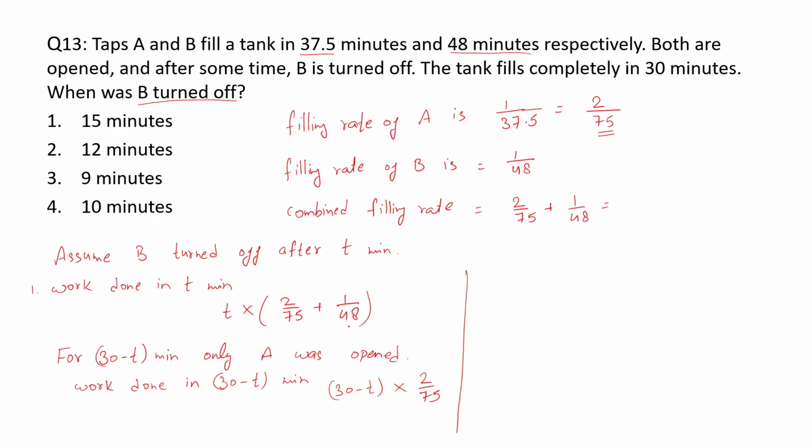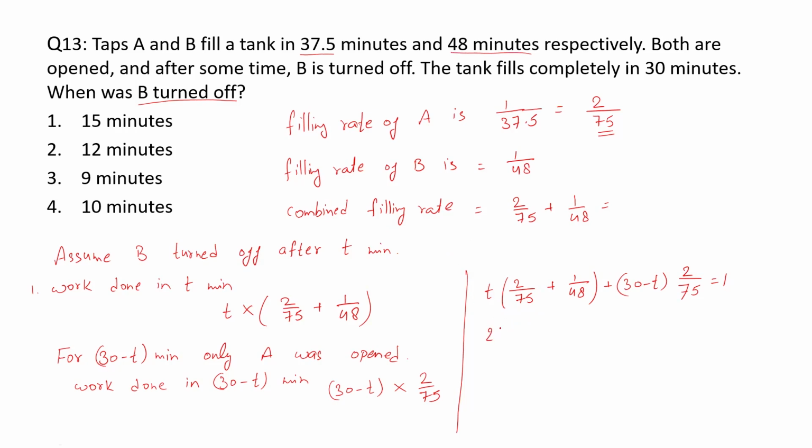So, just try to understand. In T minutes, this much work is done, and in the remaining time this much work is done. So, total work is 1, right? Add them up. Work done in T minutes is T into 2 upon 75 plus 1 upon 48. Work done in 30 minus T is 2 upon 75 into 30 minus T. And in this much time, your full work is done. Now solve this.